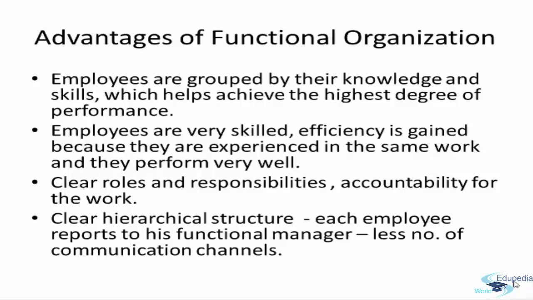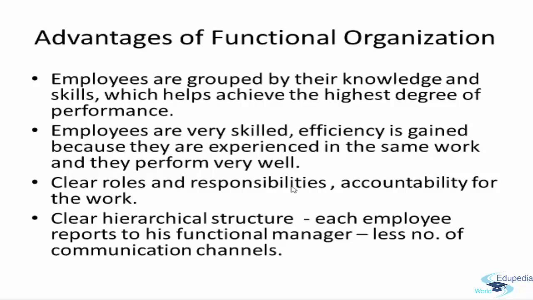It is like the RACI matrix, where you fix the accountability: who is responsible, who is accountable, who is consulted, who is informed. People pick what kind of role they are doing, what their responsibilities will be, and who is accountable for that particular task. Most of the time, the project leader or functional manager is accountable for that functional unit.